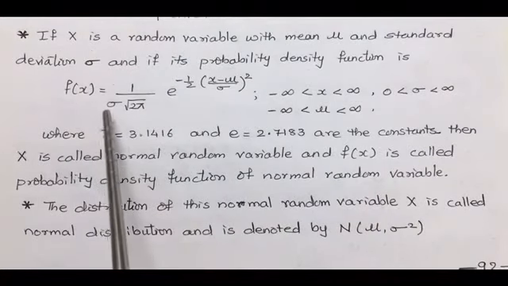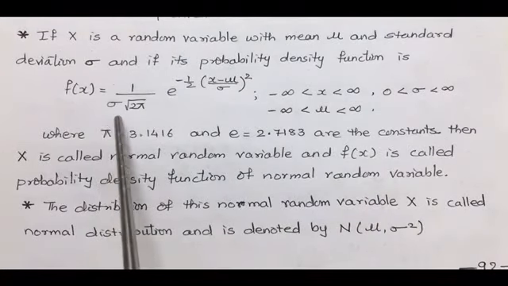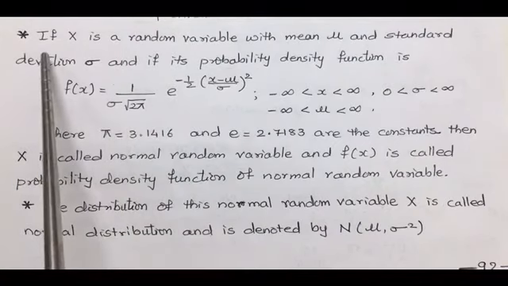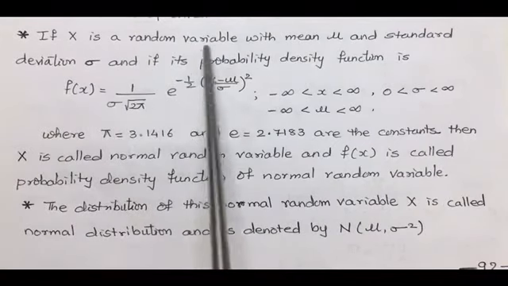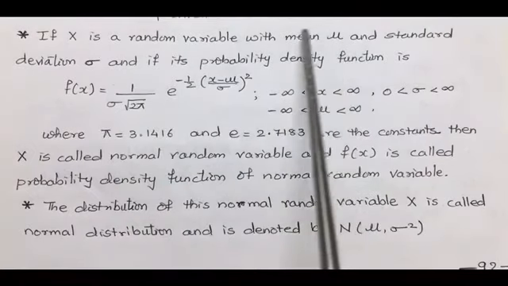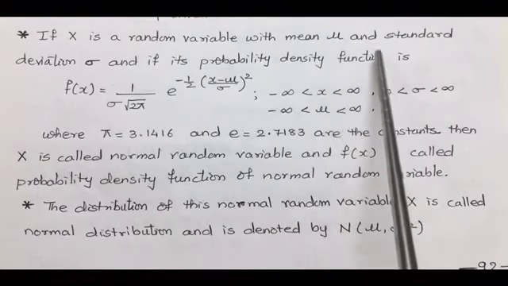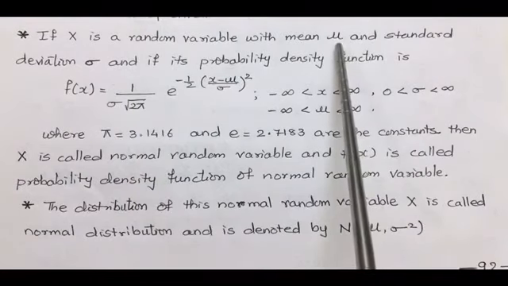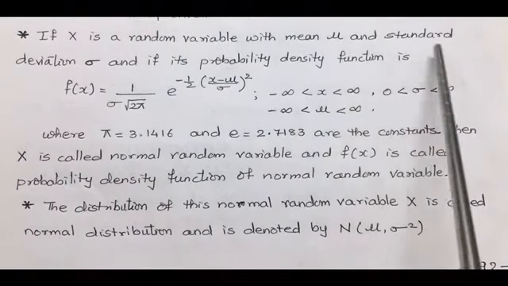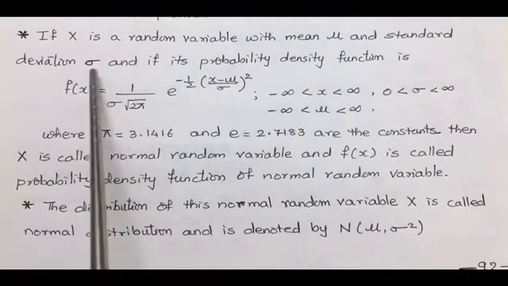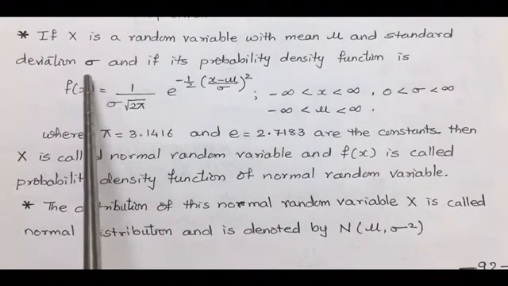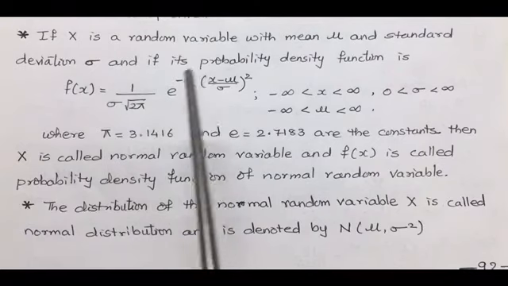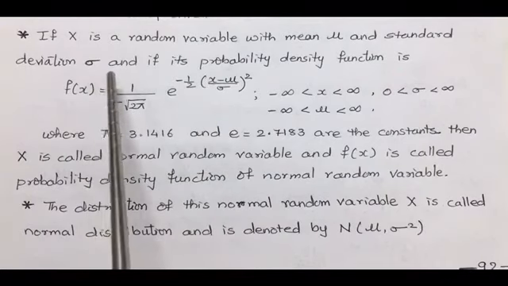Now the formula of probability density function. If x is a random variable with mean mu, this is a symbol being used for mean, and standard deviation sigma. This symbol is used for standard deviation, which we read out as sigma.